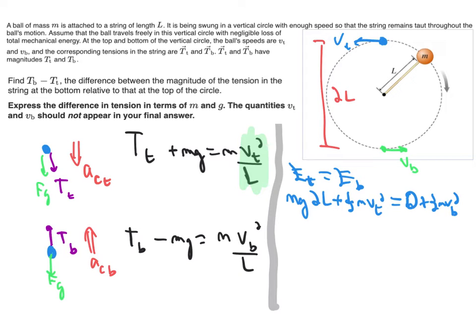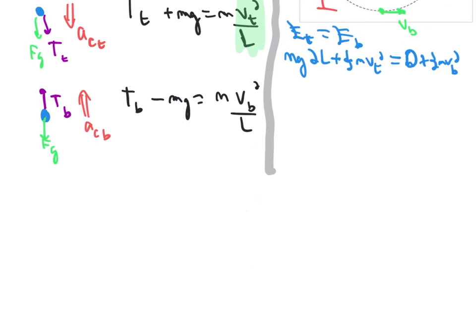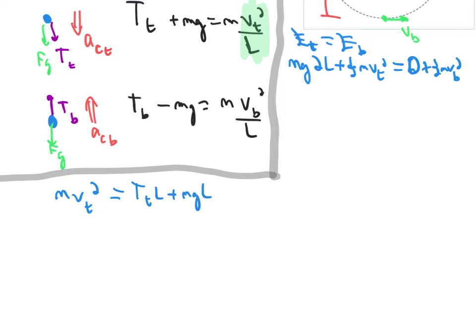And then probably the best way to go with this, which I think I'll do on the page, is to solve these for the squares and figure out what they should be. So let's see if we can pull that off. Looking at the top one, I'm going to look at this equation, and I'm going to end up with m Vt squared equals tension at the top times L plus mgL.